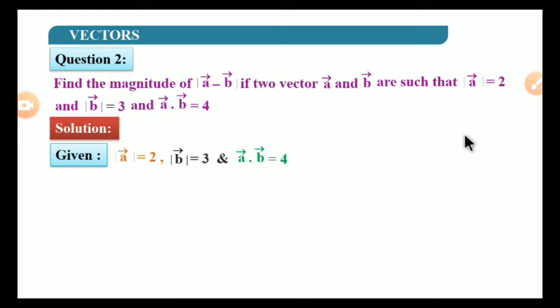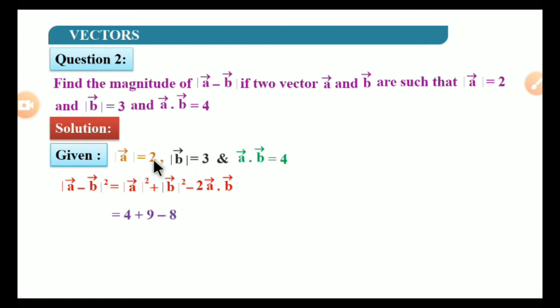We have to write them down, and we have to consider the identity. Here we have already studied in the previous videos, the magnitude of A minus B square is always equal to the magnitude of A square plus the magnitude of B square minus 2 into A · B. So this is the given identity.